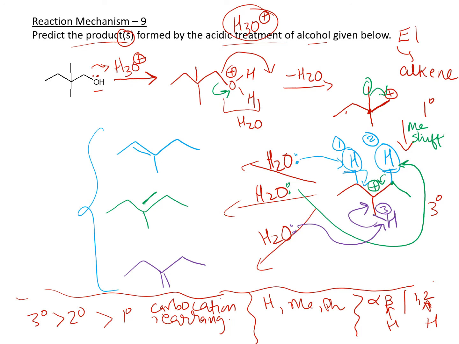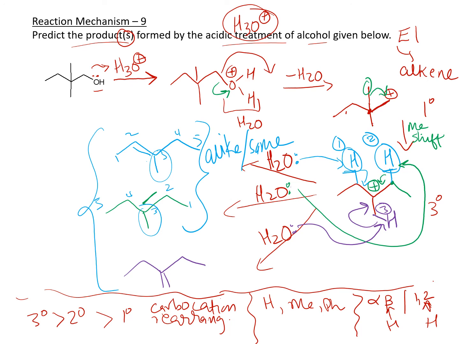We learn to recognize organic structures, so we don't have to write the name all the time to see which ones are alike. So here 1, 2, 3, 4, 5, and here 1, 2, 3, 4, 5. On the second carbon I have a double bond, on the second I have a double bond, on the third carbon I have a methyl group, third I have a methyl group. Which means these 2 are alike, or the same, whatever you want to call it. And of course the purple one is going to be different.